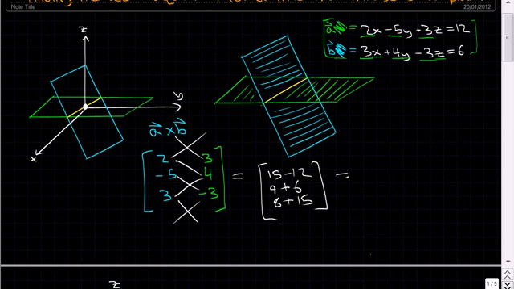And so our cross product equals, now we have x, y, and z coordinates. This will be 3, this will be 15, and then we'll also get 23 here. So this cross product is the direction vector for this line here.